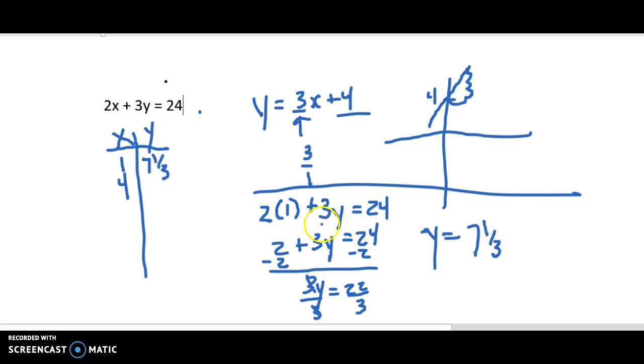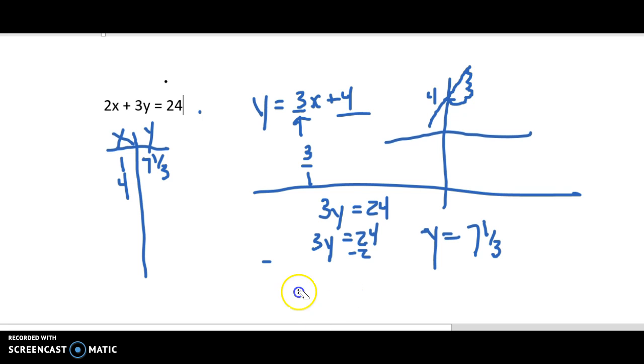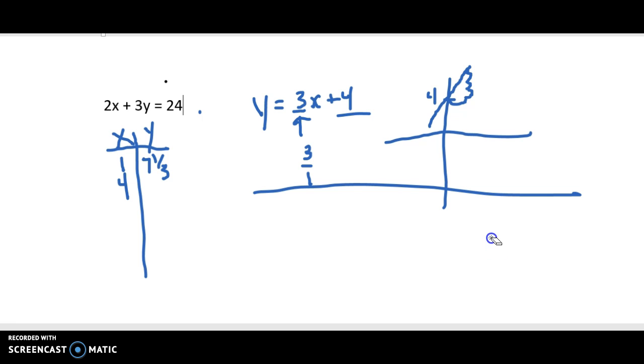We would do the same thing for the next x value that we chose. So we would take 4 and put it in for x. So we would write 2 times 4 plus 3y equals 24.